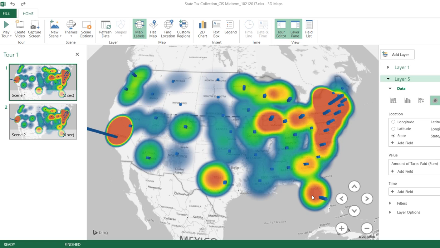Maybe they have some vacation places and more entertainment things for summer. And other states like Idaho, Montana, Dakota, and New Mexico have really less taxes to be collected.